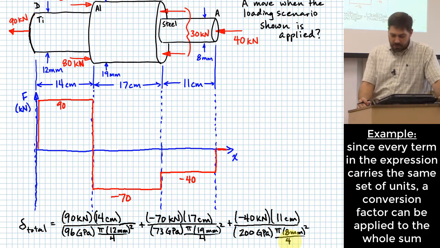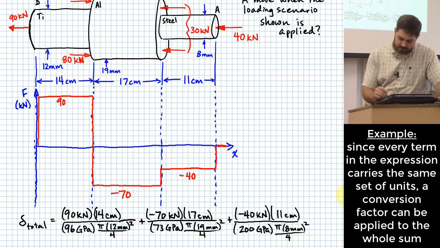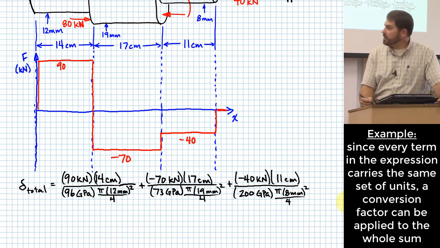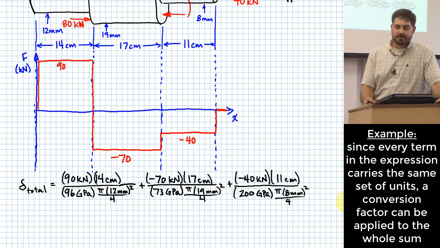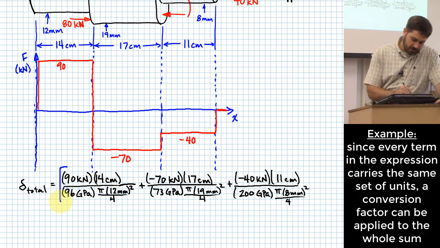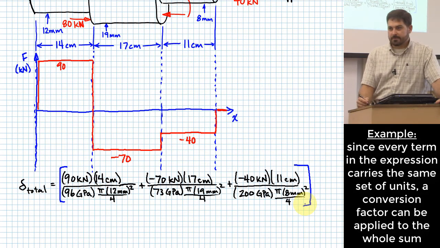What do we need to do with all those units? Do we need to convert them each time we do one of these calculations, or could I do a once and for all conversion across the whole thing? It depends, right? For this one, I can do a once and for all conversion across the whole thing.